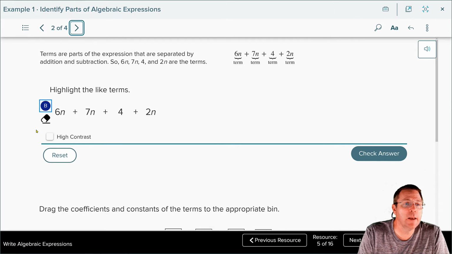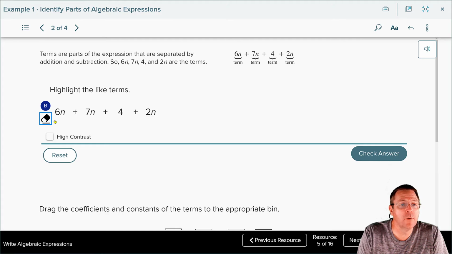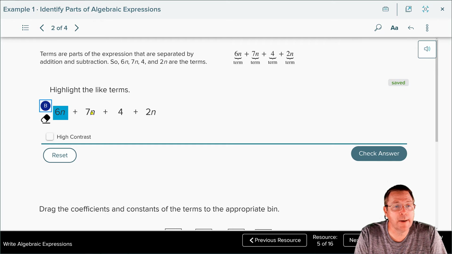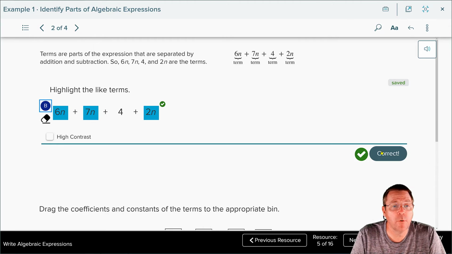So it says highlight the like terms now. Well, the like terms are going to have the same variable to the same exponent. So that, and that are all going to be like terms. They all have a number multiplied by n with just a 1 or really nothing above it. But there's an invisible 1 there.